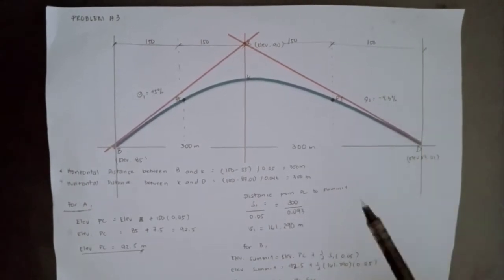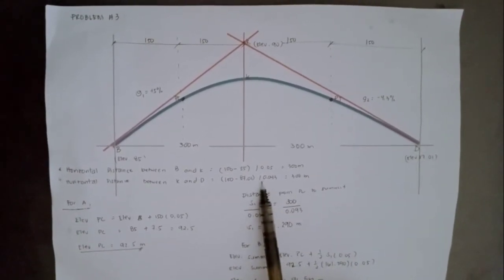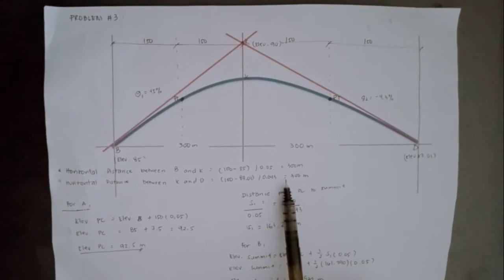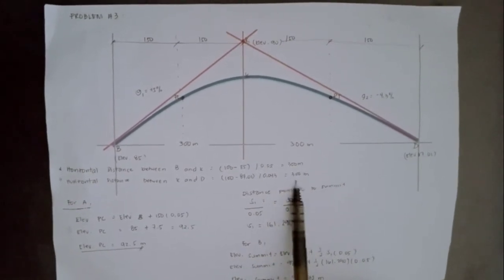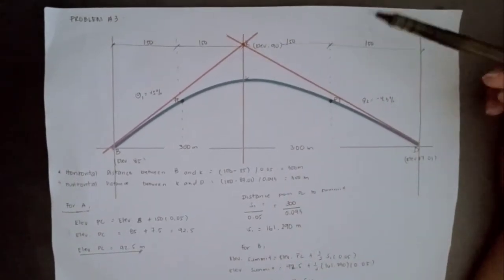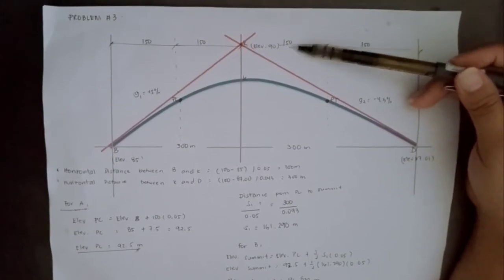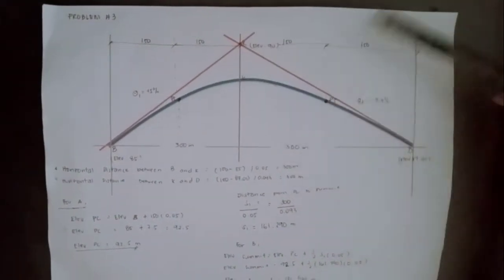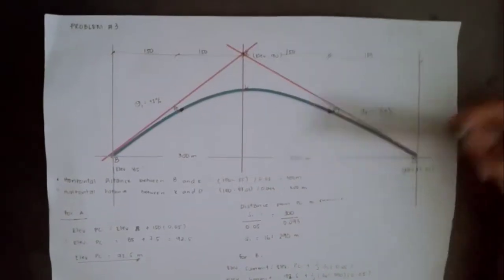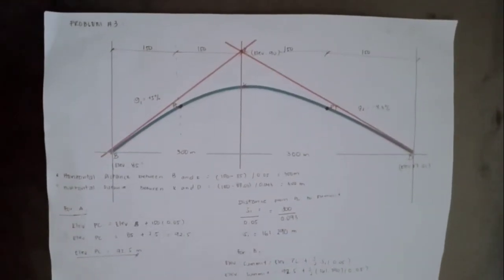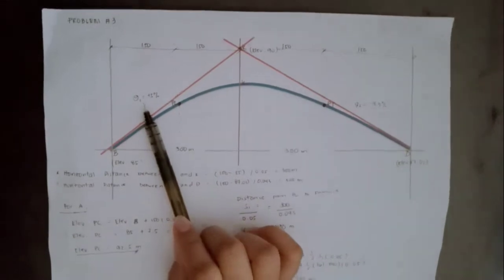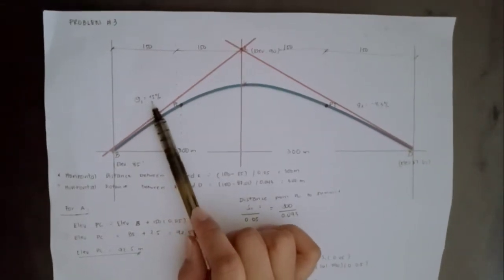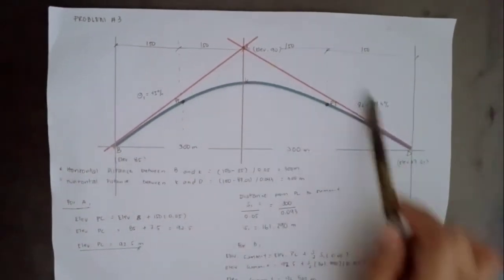We'll disregard the negative sign, so we'll just have the positive 0.043, and that will be equal to 300 meters, and then we'll divide it again into 2. So we'll have 150, 150, 150, 150. And then, since the first grade is positive, so we'll have the summit curve.